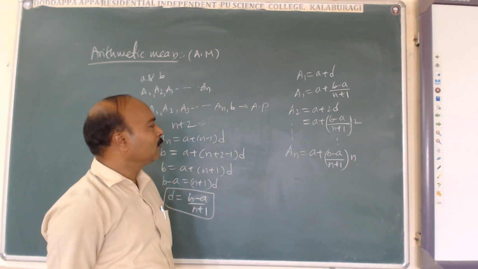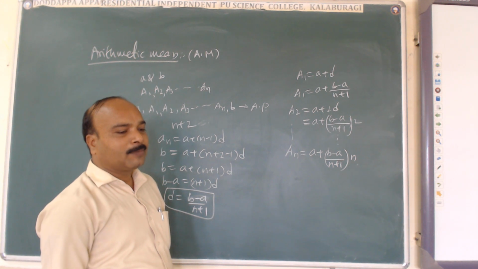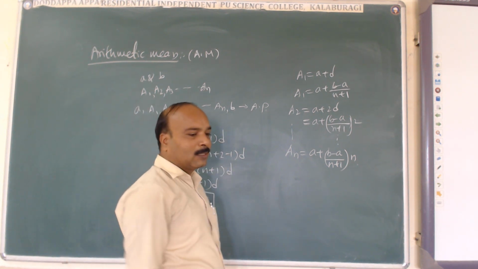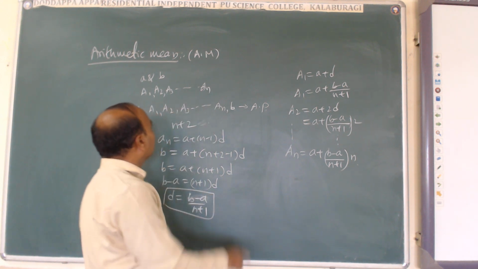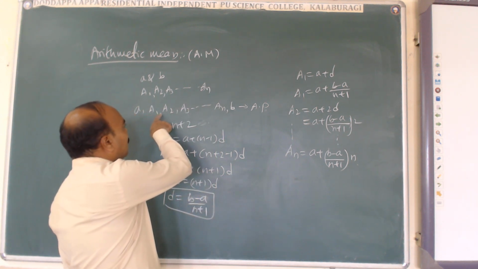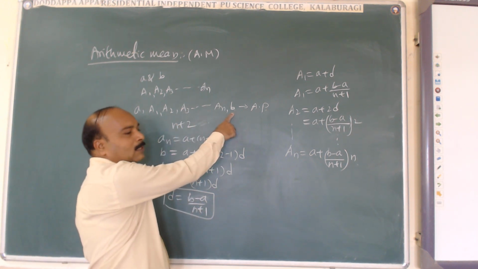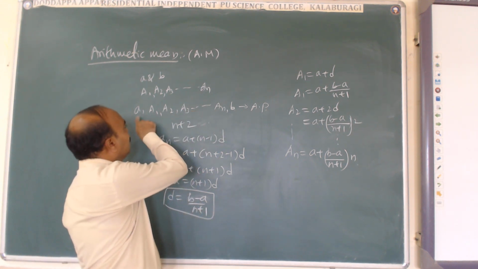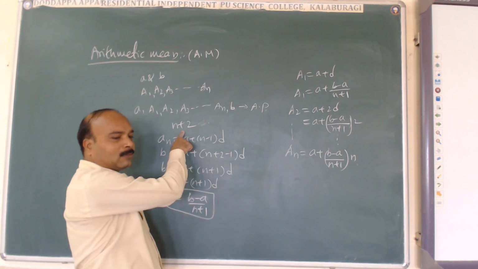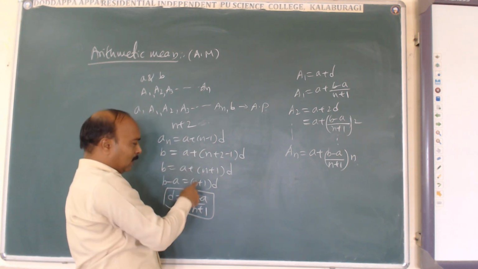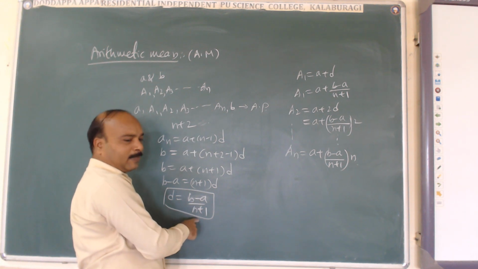Like that you insert n number of arithmetic means between the two given integers by using this procedure. So for that we consider the means as a1, a2 up to an, in between a and b. Then including the first and last terms you get totally n plus 2 terms. If you take n as n plus 2, you get the d value. d value is (b minus a) by (n plus 1).